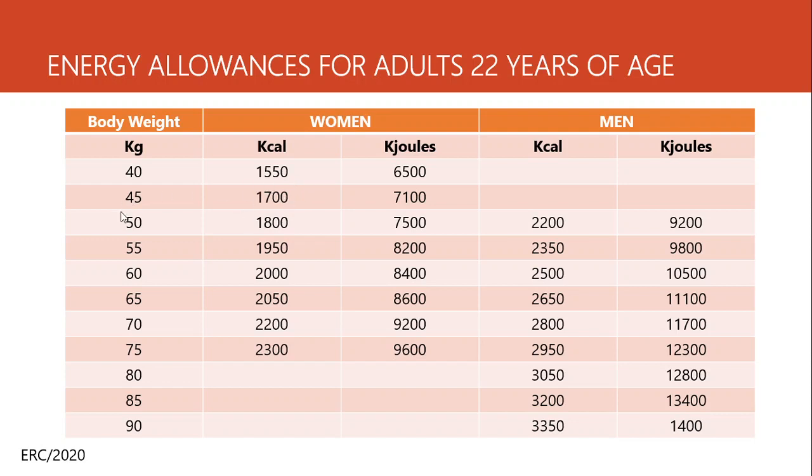Okay, so for 45 kilograms, for the women, we have 1,700 kilocalories and 7,100 kilojoules. So this table shows you the energy allowances for an adult 22 years of age.